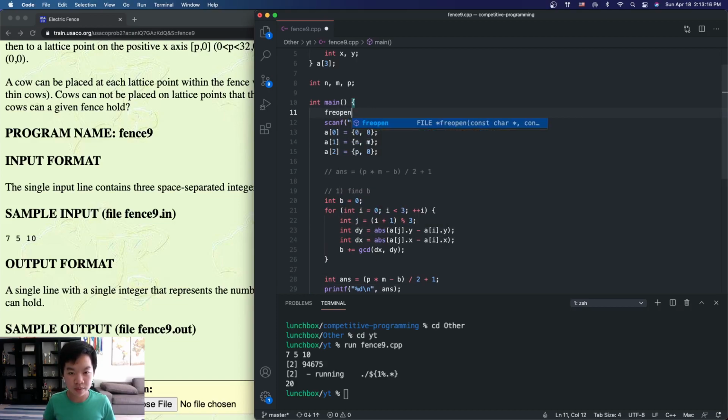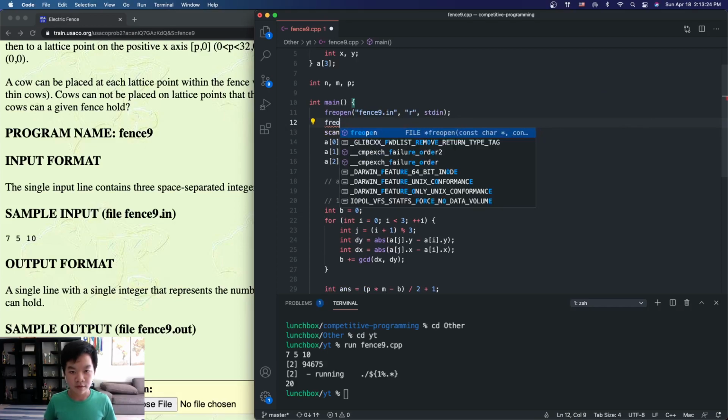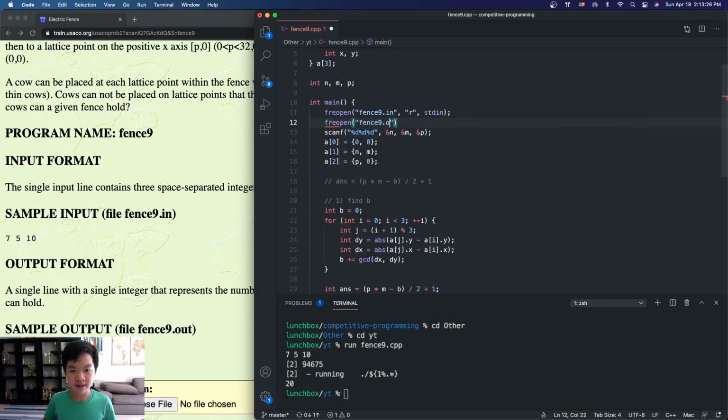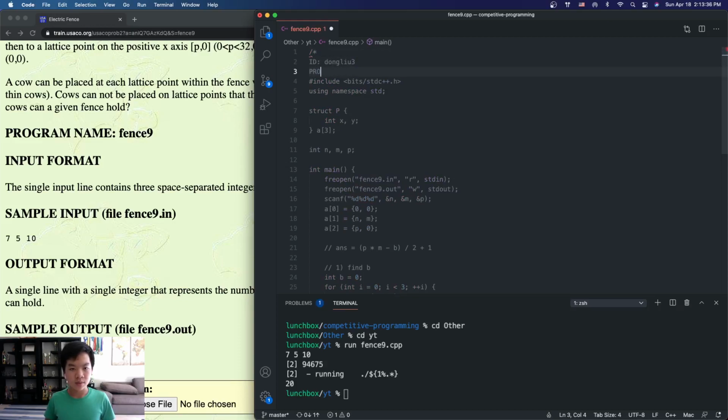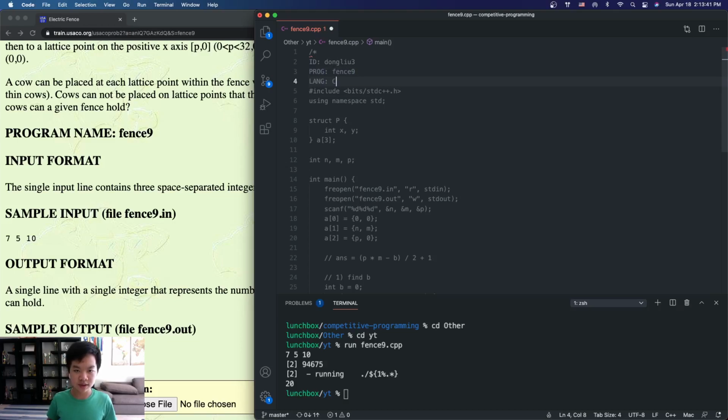Free open fence 9.in, free open fence 9.out. All right, STL. Okay, problem fence 9, language C++.